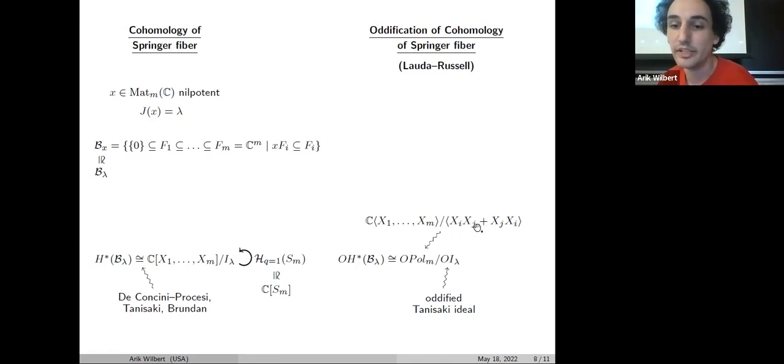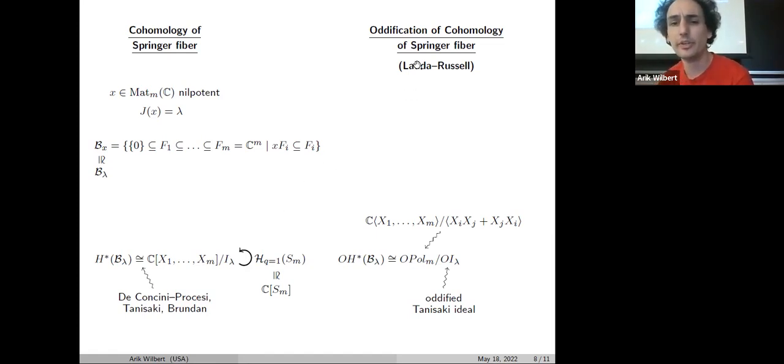Then you mod out by this ideal, which basically tells you that these generators anti-commute. Okay, so then you're back to your signs. And what they also do is they sprinkle certain signs in this Tanisaki ideal, which is given by certain elementary symmetric functions. This is how they basically oddify this cohomology ring.